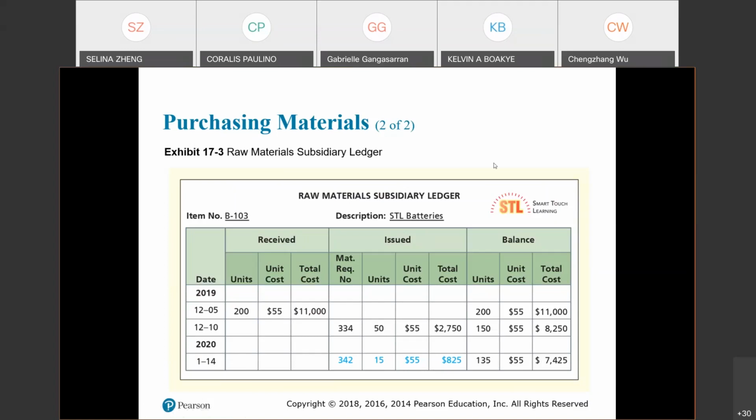The use of a subsidiary ledger allows for better control of inventory because it helps track each type of material used in the production. So this slide shows the subsidiary ledger of one type of battery that the company's production uses. The balance of the raw materials inventory account in the general ledger should always equal the sum of balances in the raw materials subsidiary ledger.